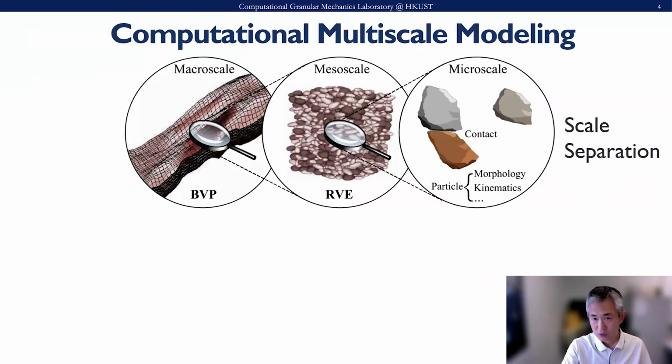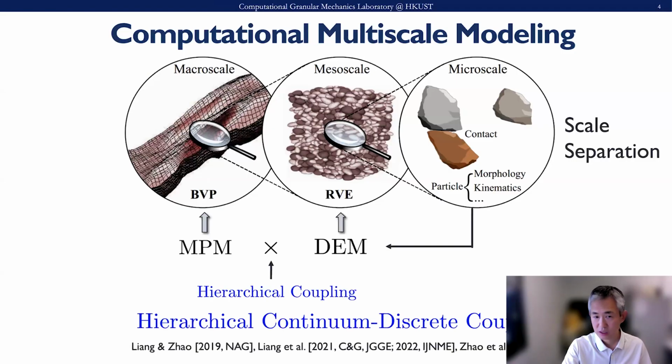So what we do now is further extend this computational multi-scale modeling approach, and consider a coupling of DEM again for this RVE, the granular scale, with this MPM, the material point method, to solve a boundary value problem here.